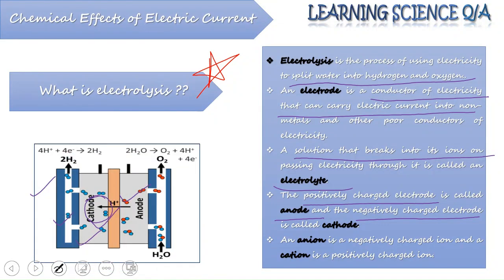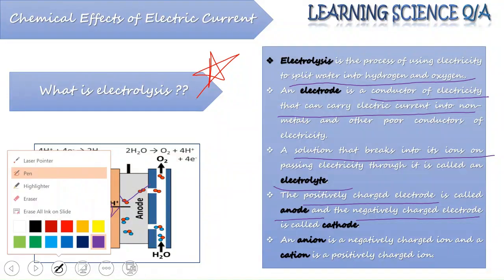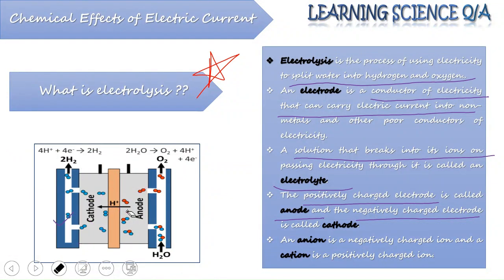Now, this is the exact reaction that is taking place inside the electrolytic cell or during the electrolysis. At cathode, we are having positively charged ions going.